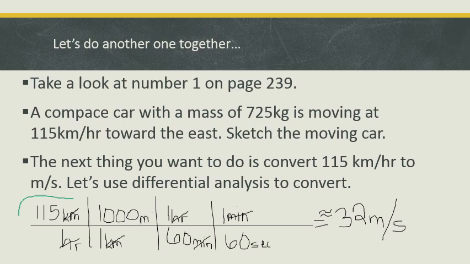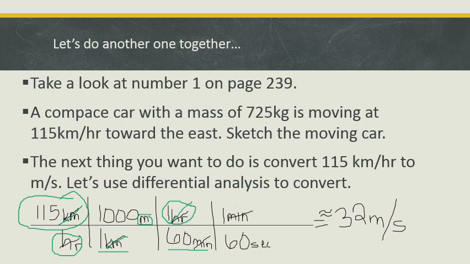And you just start here with 115 kilometers per hour. Now I'm going to solve for my kilometers first. You see here, 1 kilometer, so that cancels out, is equal to 1,000 meters. Good, we've already got our meters. So now let's deal with our time. So we have per hour. Well, we want rid of that. So here, I've got 1 hour is the same as 60 minutes.